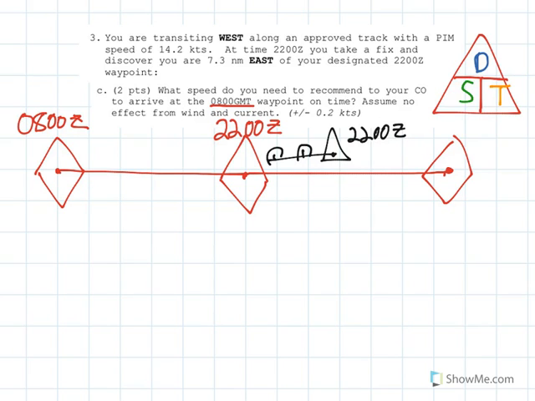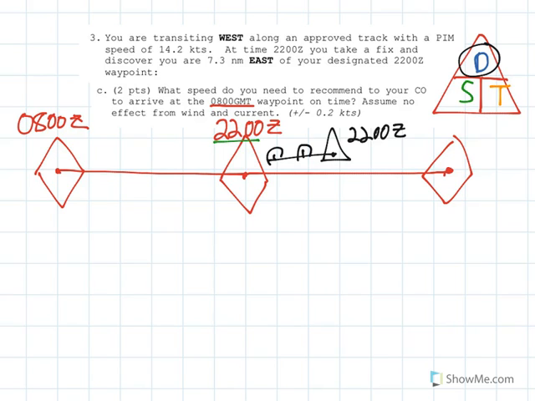And let's see which variables we know. We know our distance, although we need to do a little math to figure out the exact distance. From the problem, we were told that our PIM speed is 14.2 knots, which means that in the planning phase of our journey, we planned to go 14.2 nautical miles every hour.